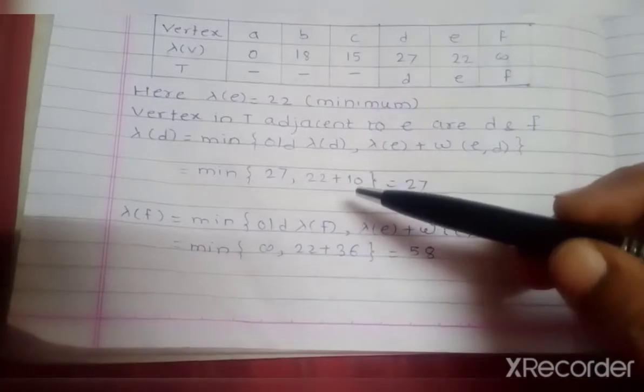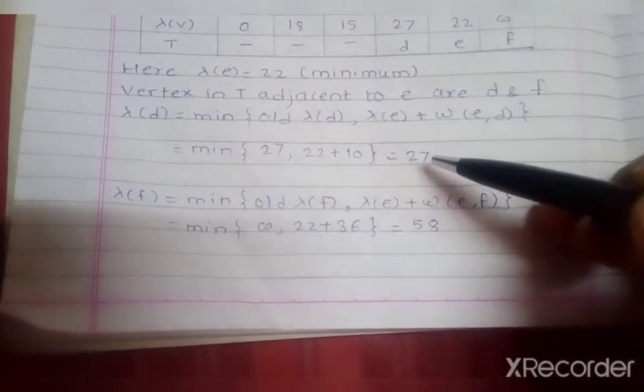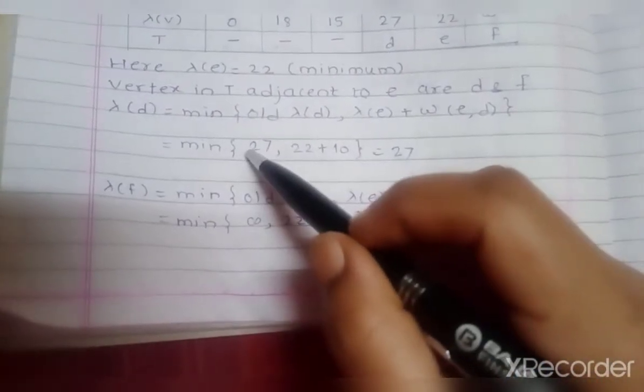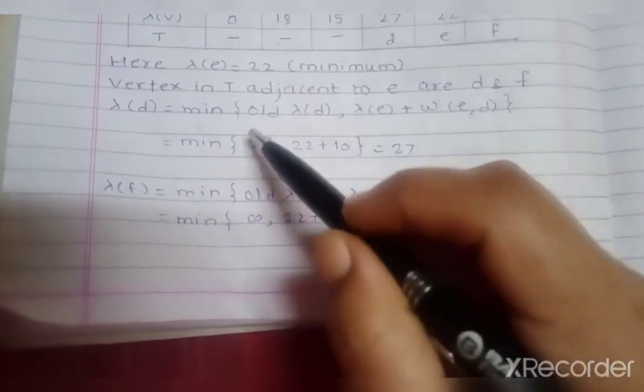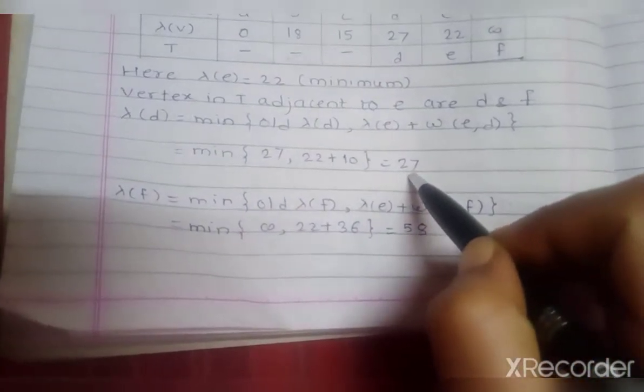We put those values here. After simplification, we get 32 and 27. From both values, 27 is the minimum, so lambda of D equals 27.